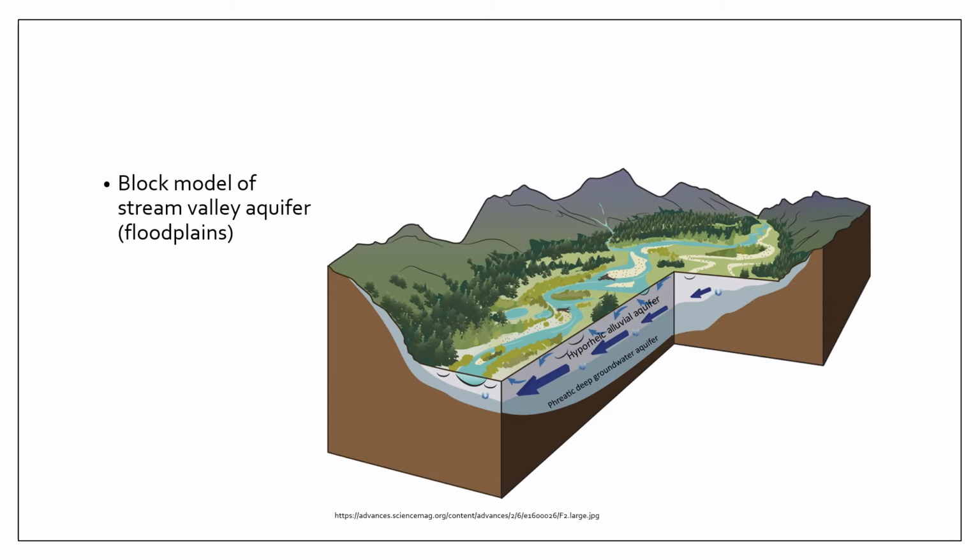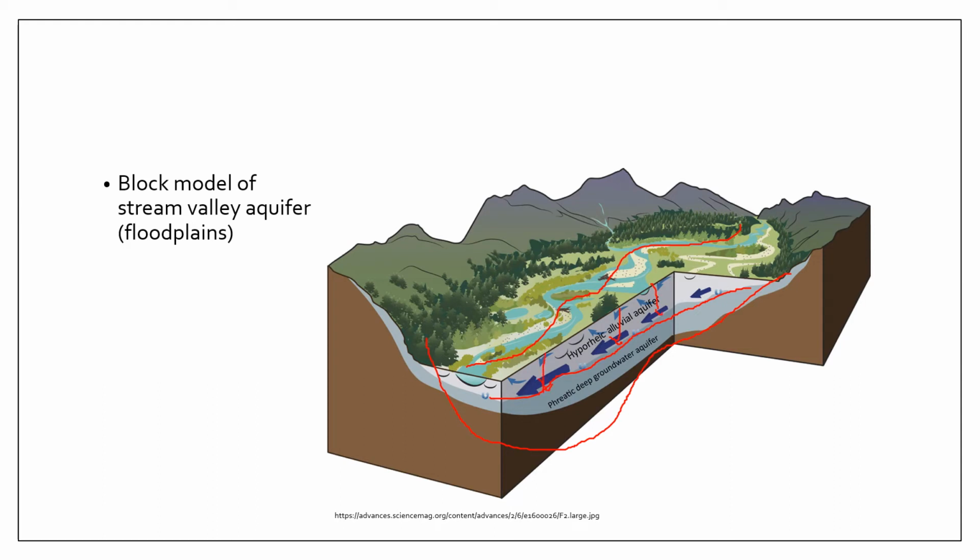Now, this is just a block model of a stream valley aquifer located on a floodplain. And you can see here, right? So this is your stream, and this is your aquifer. And this more or less is your stream valley. And you can see here that your stream can directly provide recharge to your underlying aquifer.